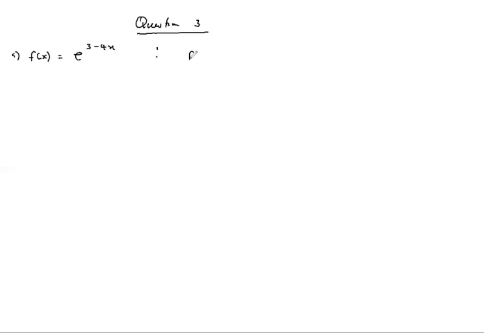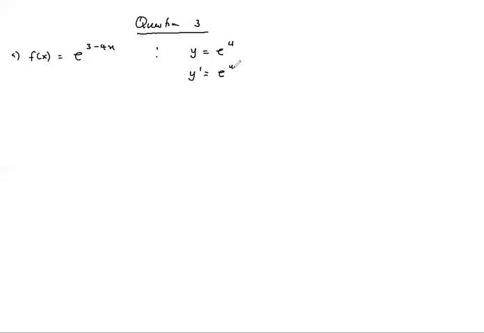Suppose y is equal to e to the power u. The derivative of y will be e to the power u. That is, if u is a variable on its own.